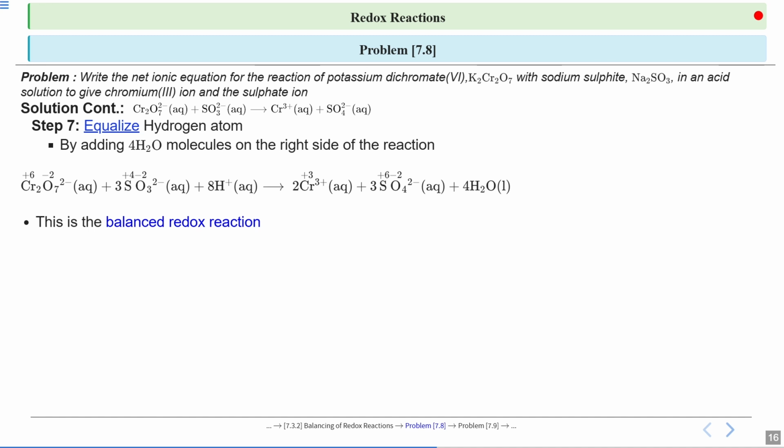Hence, we can consider this as the final balanced redox reaction, as all the charges and atoms are balanced. So I hope now you have a clear idea about balancing with the help of the oxidation number method in acidic medium.